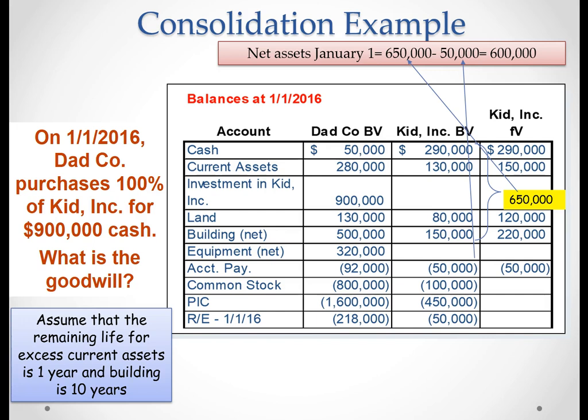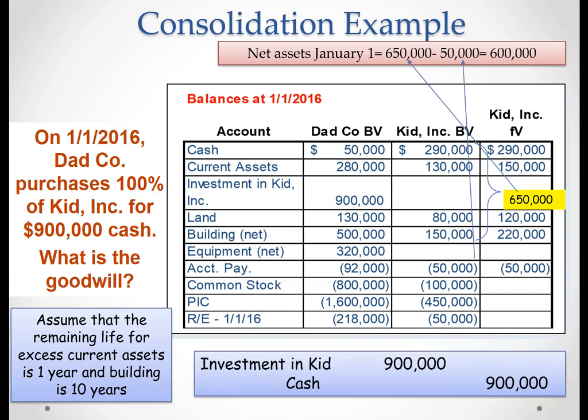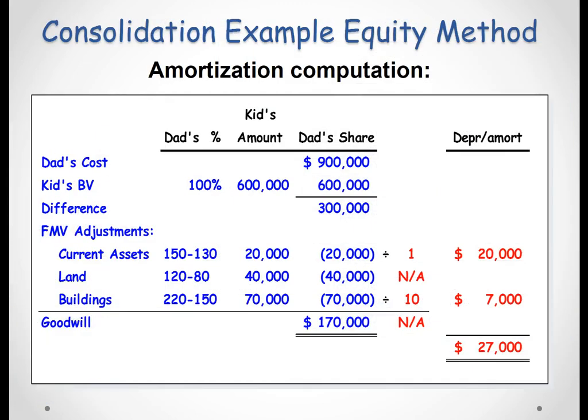And what does the journal entry look like if we are keeping the sub separate? It would be investment in KID, $900,000, cash. Now, the next thing we need to figure out is what is the goodwill and what is our amortization. So we need to know both of those.